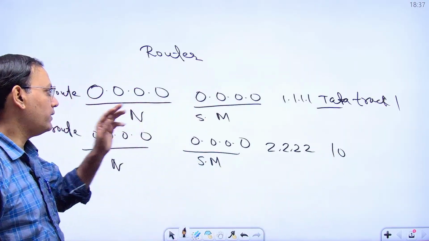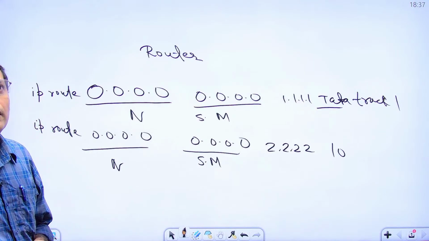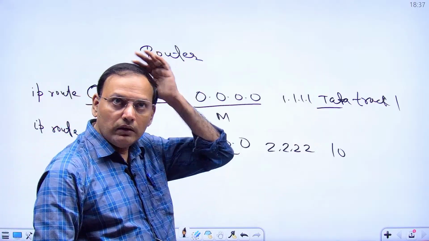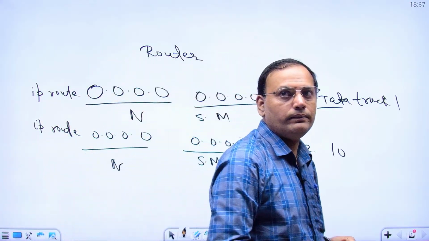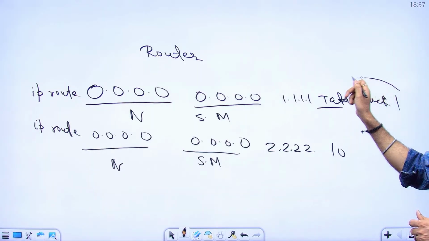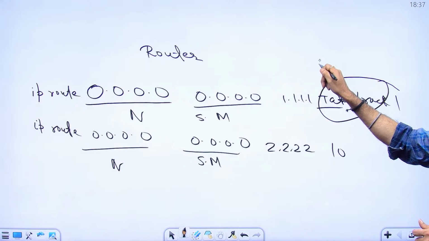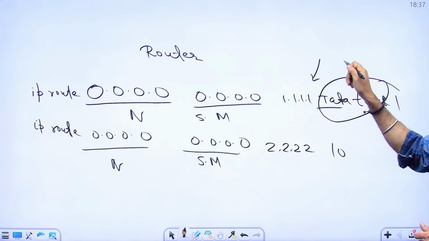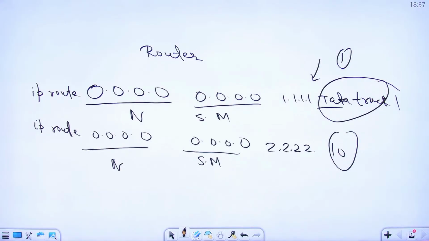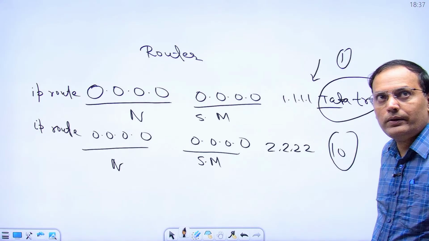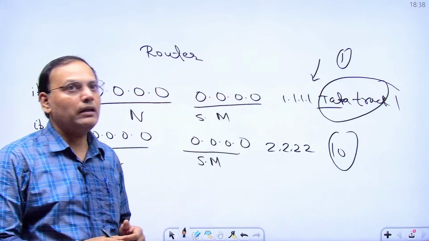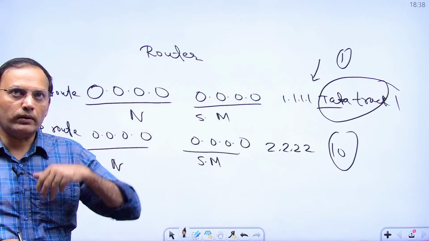Looking at this configuration, everyone will say all the traffic, because default means everything, will go through Tata, because the primary static route has AD 1 and the secondary static route has AD 10. So 1 is best, so traffic will always follow the Tata path, inbound and outbound.